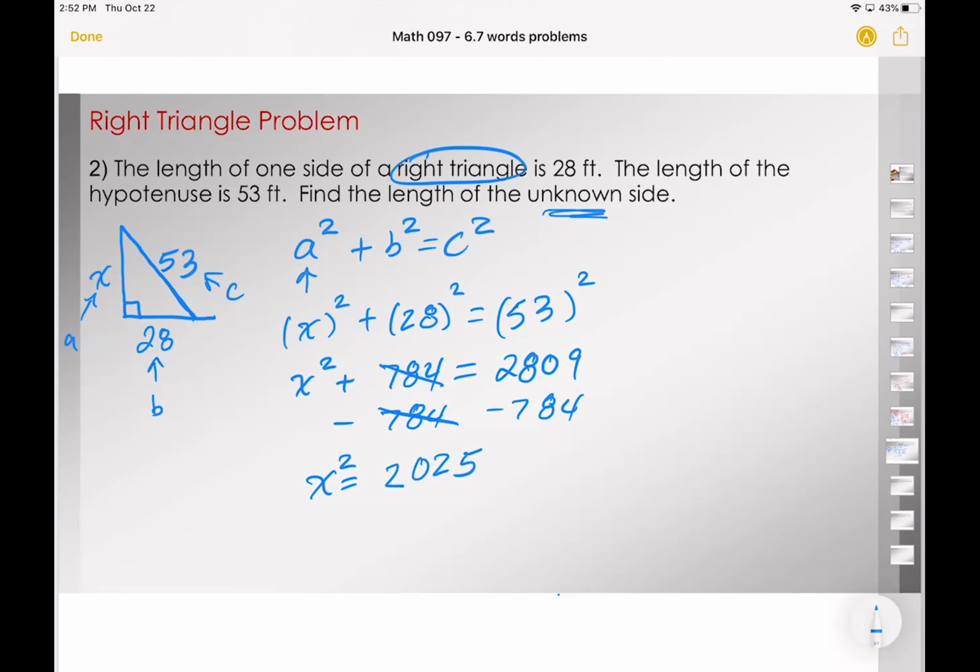So if you subtract this, you get 2,025. And if you have a calculator, all you need to do is take a square root on both sides. The square root of 2,025 should give you 45. 45 times 45 will give you 2,025.